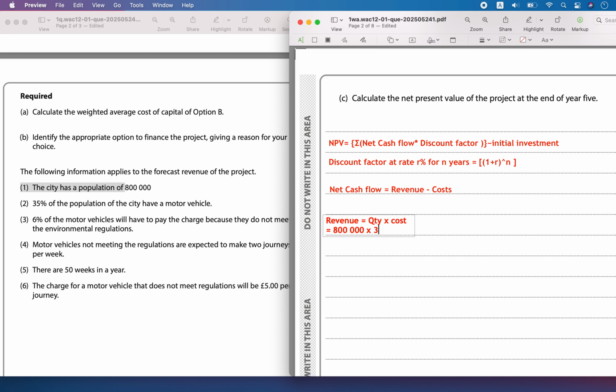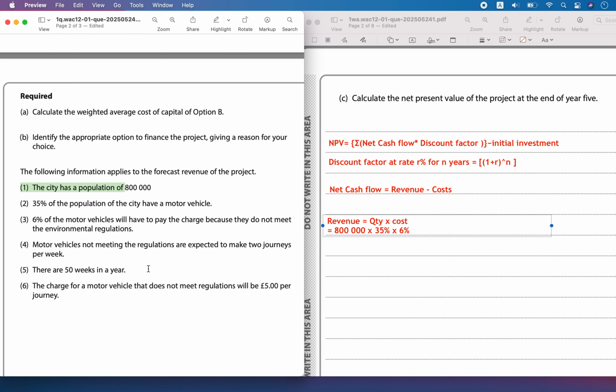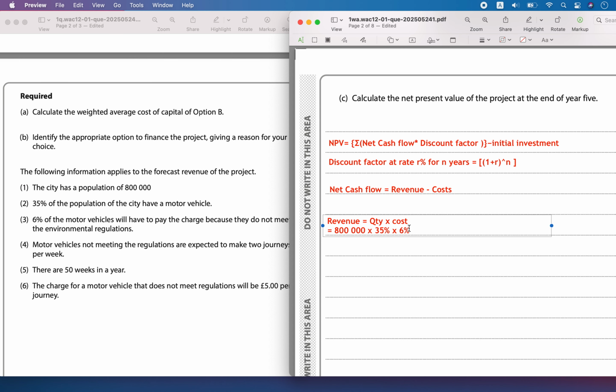800,000 times 35% of this population, and out of that only 6% will not be following the traffic regulations, and they are expected to make 2 journeys a week. So out of all these people, 2 journeys, and they are going to do that for 50 weeks per year.